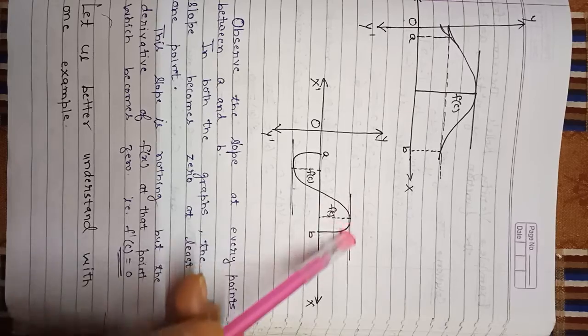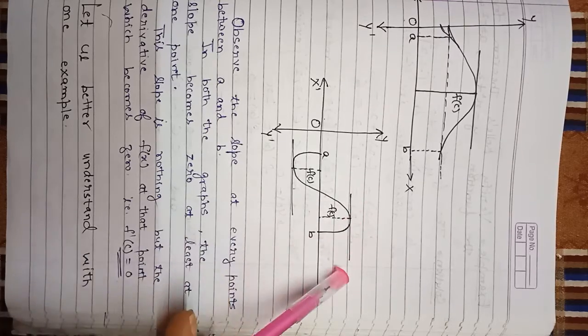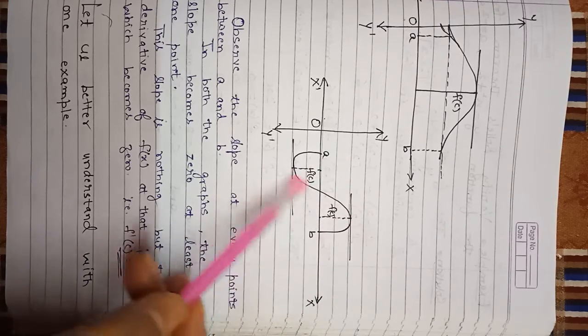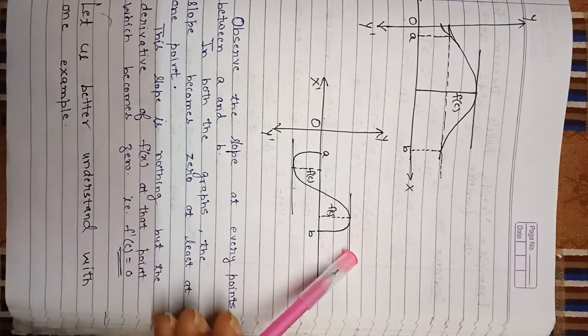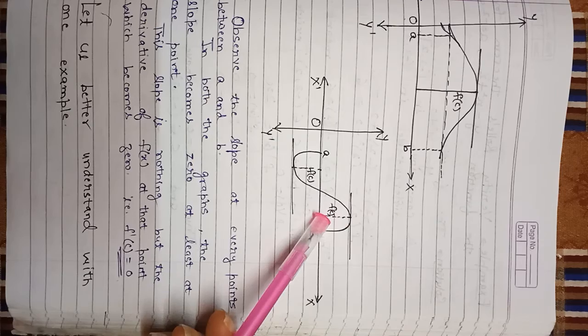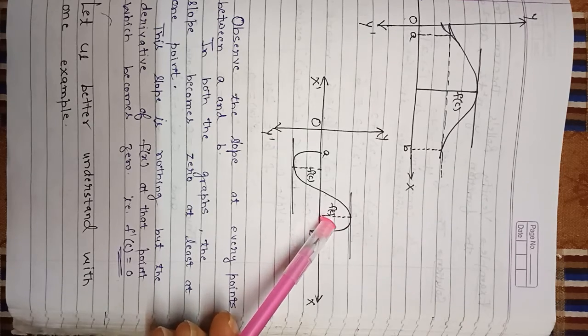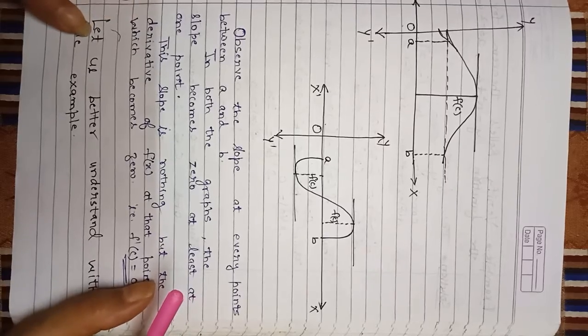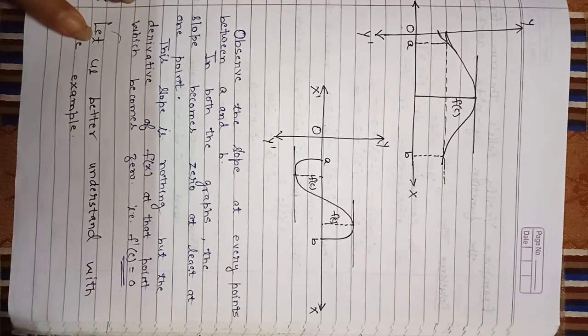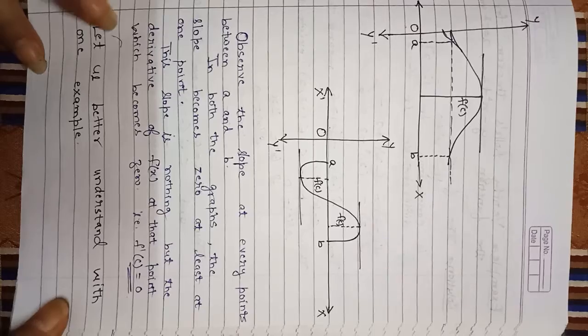And similarly the slope here also, another point, meaning two points exist at which the derivative or the slope is 0. I know maybe you may be unable to understand more clearly. We'll be doing one question and then you will understand it more clearly.